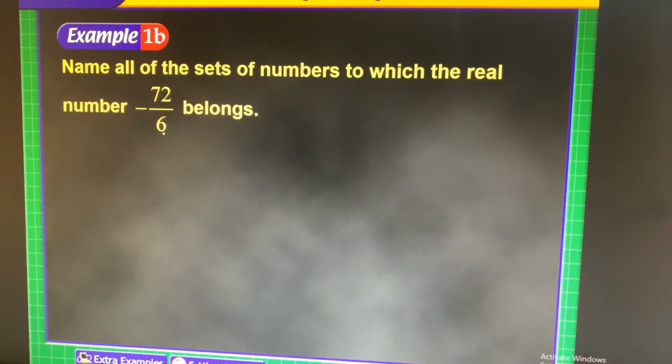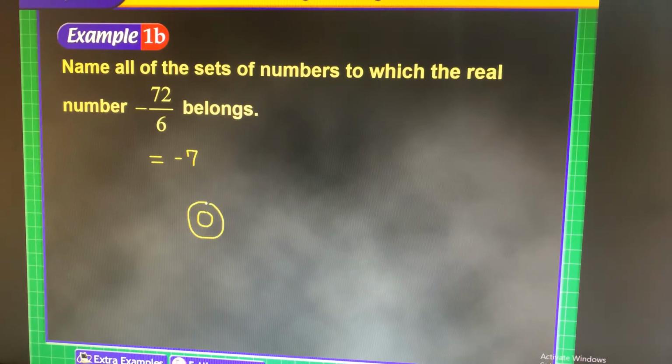Negative 72 over 6: make sure you simplify before you identify that, because if you just try to identify it like that, you might only call it rational because it's a fraction. But remember, when you simplify it, it could be negative 7. Think about the circles. Is it natural? No, it's not natural to be negative. Is it a whole number?